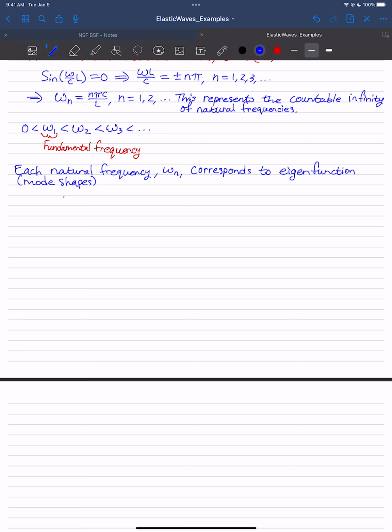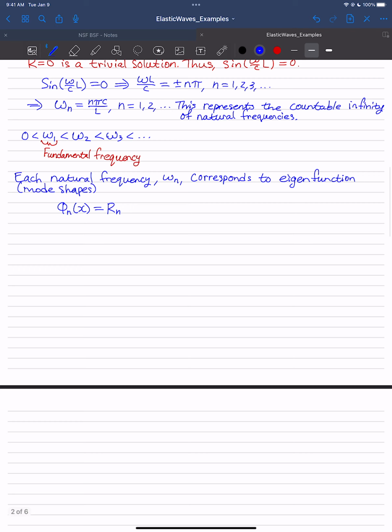And those will be phi sub n of x equal to some constant that we don't know, R sub n, times the sine of omega n x over c, true for n equals 1, 2, 3, and so on.